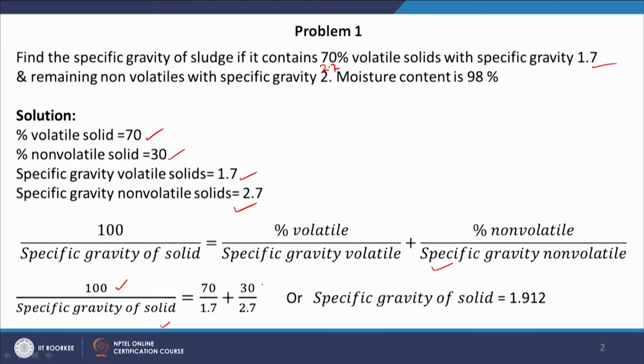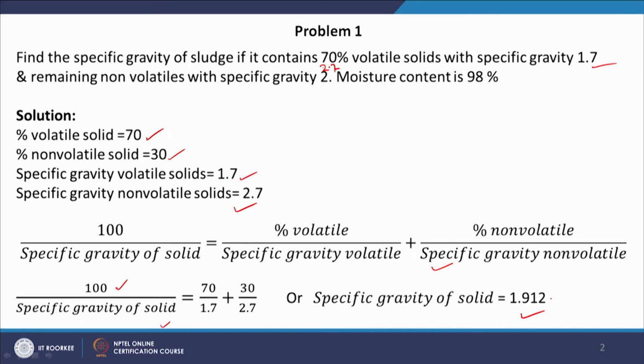So, that percentage non volatile is 30, and in this case the specific gravity is 2.7, it is given. So, we are putting this in, and the specific gravity of solid is becoming 1.912. By solving this expression we are getting 1.912. So, what we have got is the specific gravity of the solid.